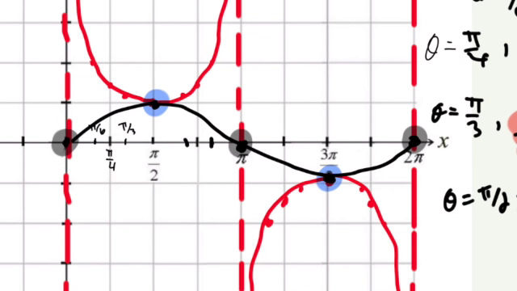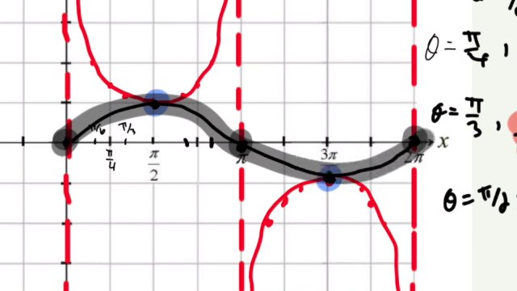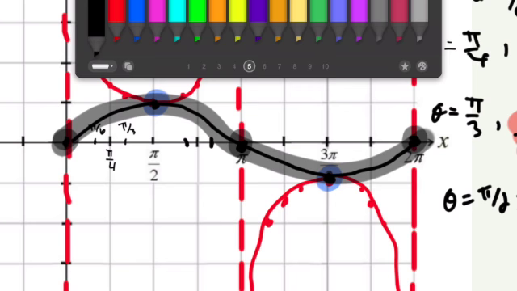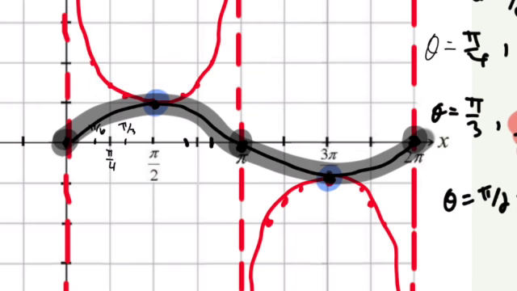So when we are going to graph this, we're just going to graph sine out. And then wherever the graph hits the x-axis, I'm going to draw my asymptotes.